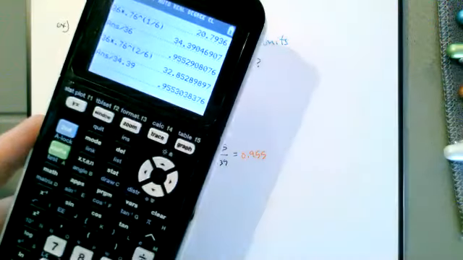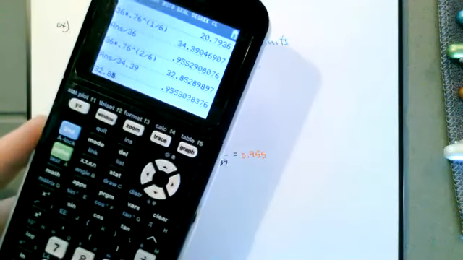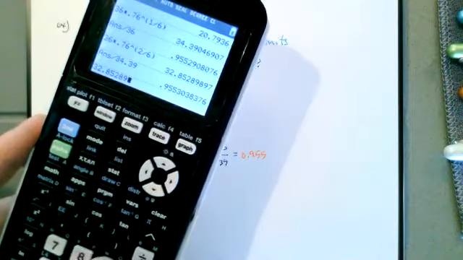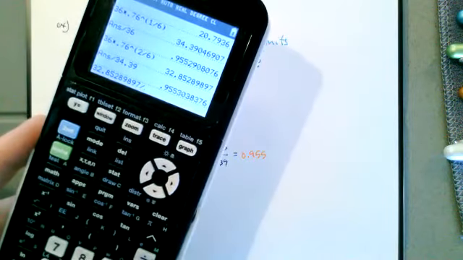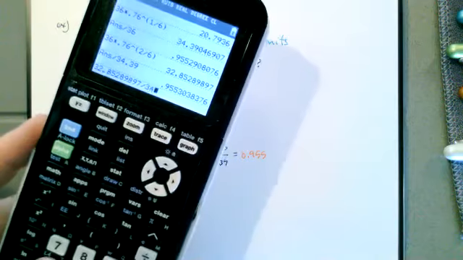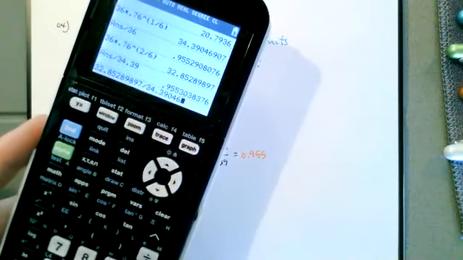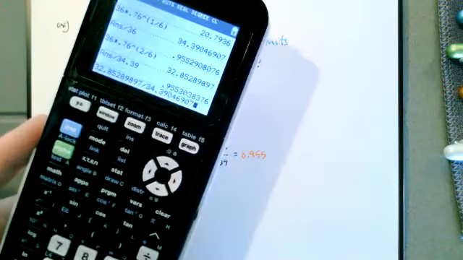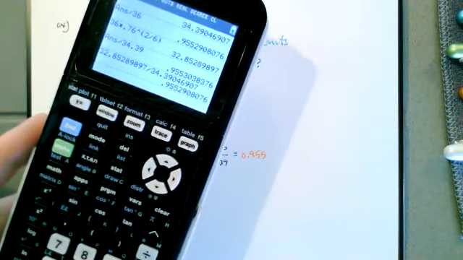So if I use more decimals, 32.85289.897, and divide that by the 34.39 with more decimals, 34.39046.907, then I do get the same 0.955 we had before.